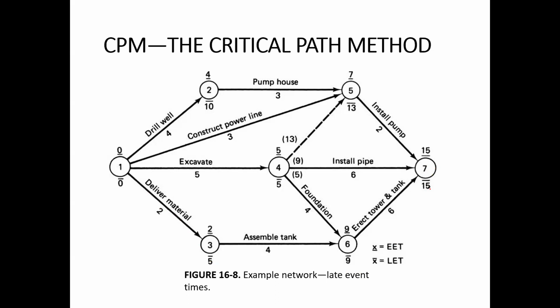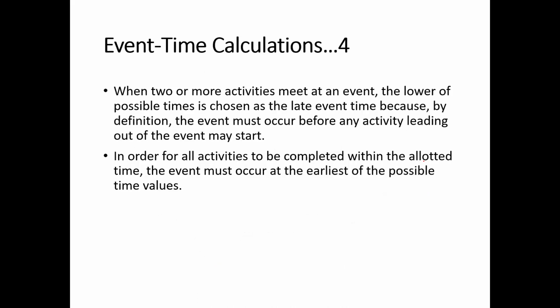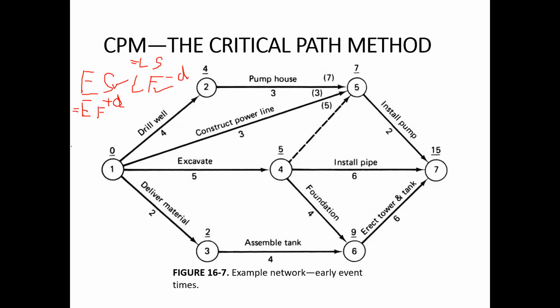These numbers have been calculated by performing calculations backward. In this last picture, when we performed the forward pass calculations, we reached this number. From here, now we will go backward. We have determined that it will take 15 weeks to complete.